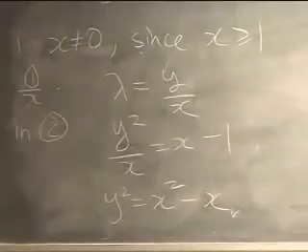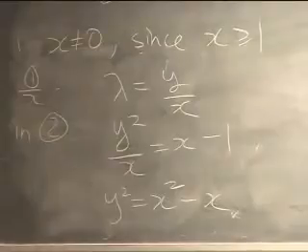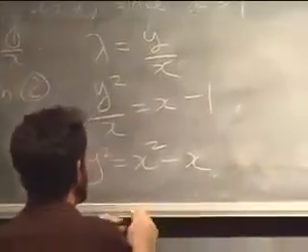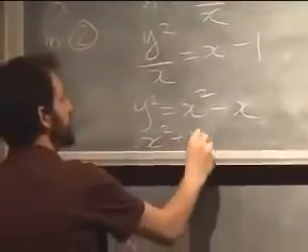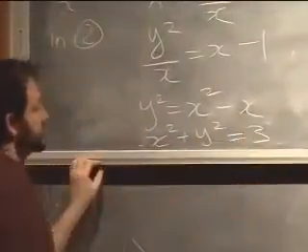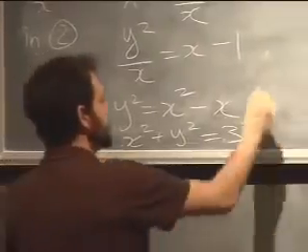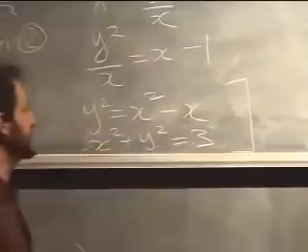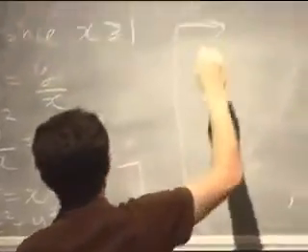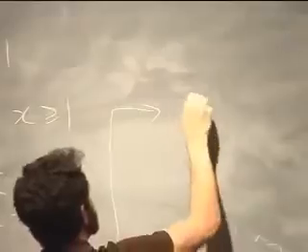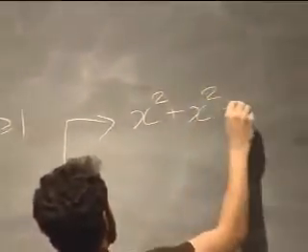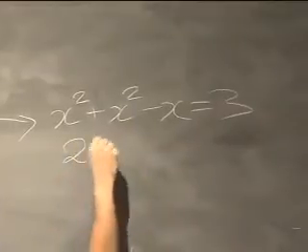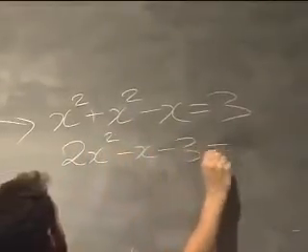We now know y squared equals x squared minus x, but we also know that x squared plus y squared equals 3. So you can solve this together. Y squared I'm going to replace by x squared minus x, and so this becomes x squared plus x squared minus x equals 3, i.e. 2x squared minus x minus 3 equals 0.